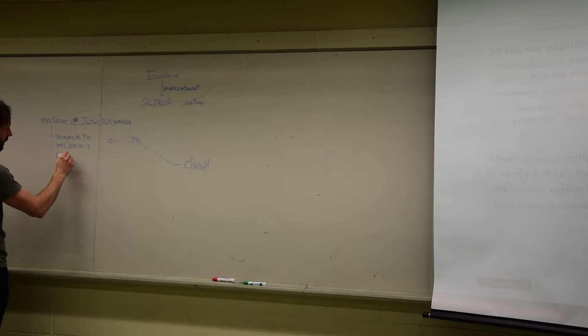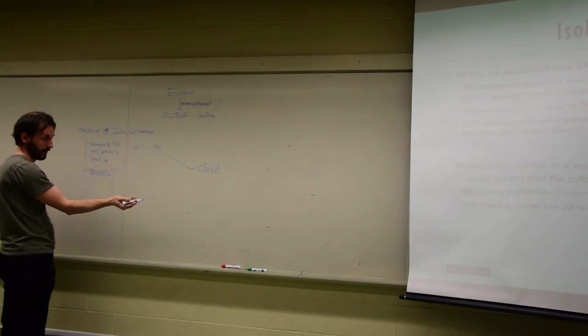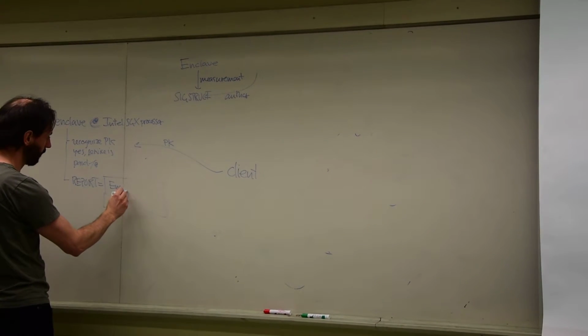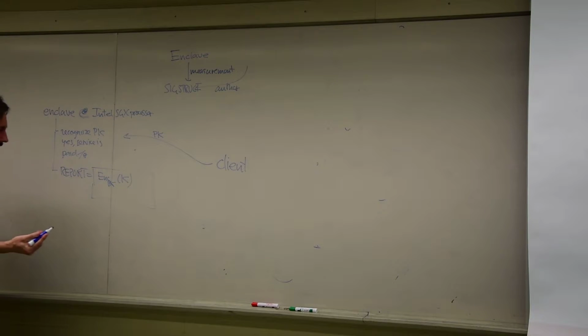Okay, that's great. Then the next step would be, let's create a report. In the report, I will have the encryption of maybe another public key or some symmetric key, for example.